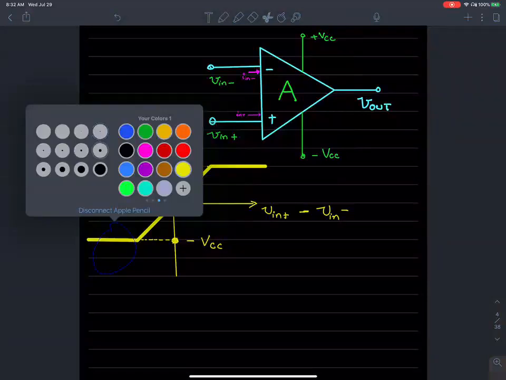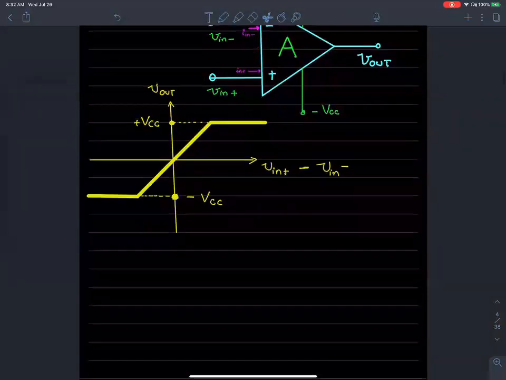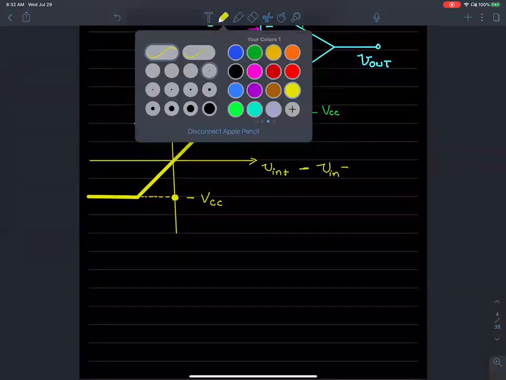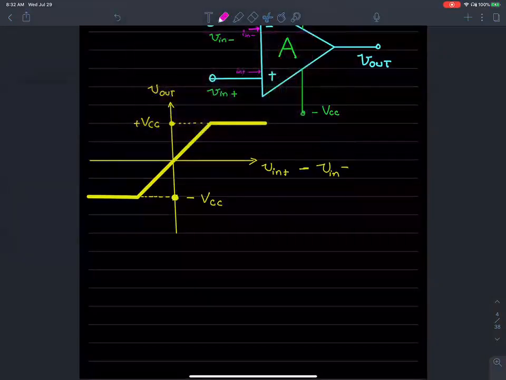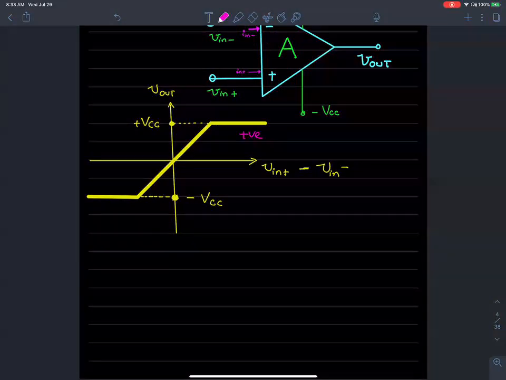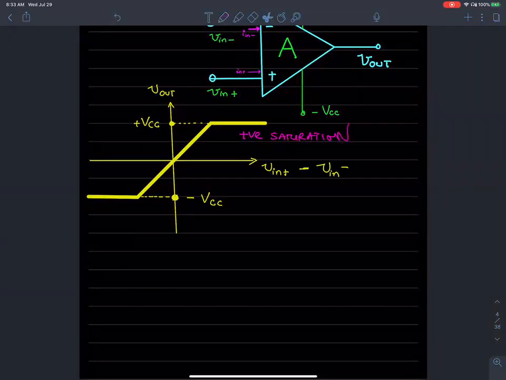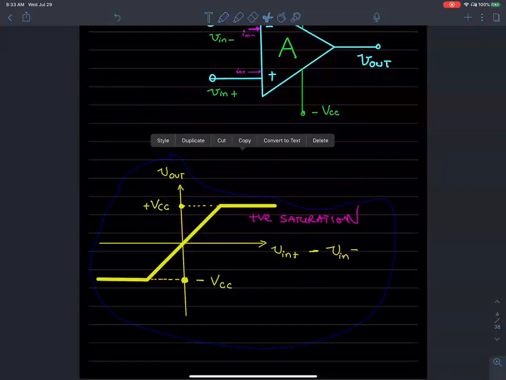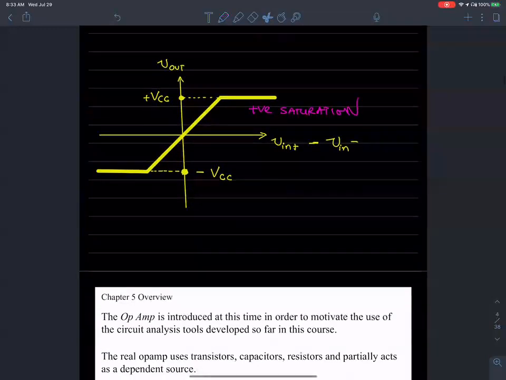We like to name these regions. The region where the output is capped by the positive power supply is called the positive saturation region.